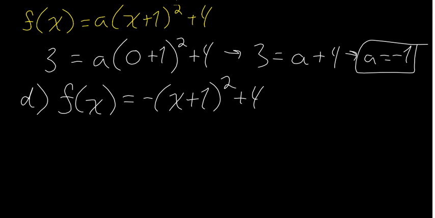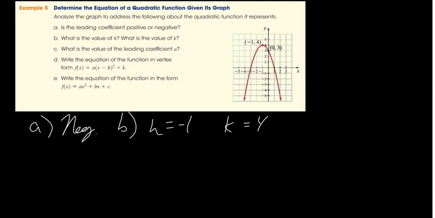Okay, so I think I know what you're asking. Early on we said that the leading coefficient was negative. Are you basing that off of the a, because we knew that it was negative? Okay, so we know that it's negative, but we didn't know that it was negative 1.